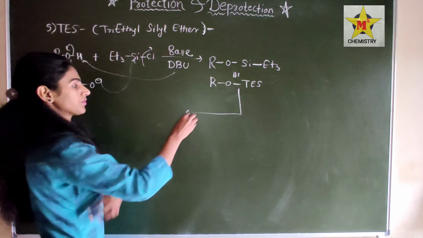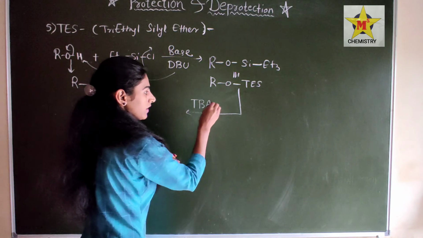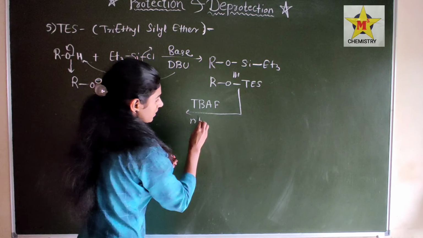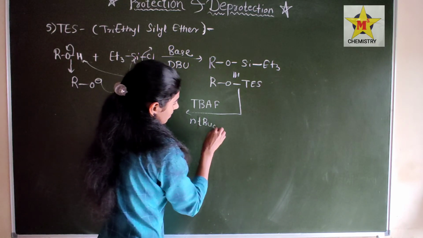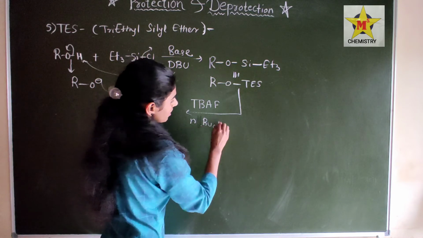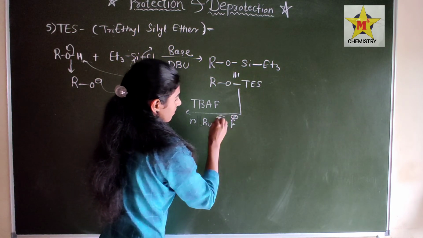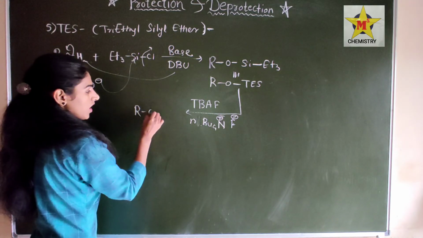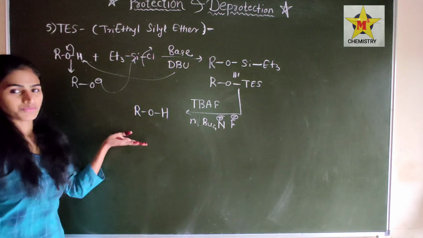Okay, this ether is also deprotected in the presence of TBAF, that is tetrabutyl ammonium fluoride. Okay, and we get ROH, that is alcohol deprotected.